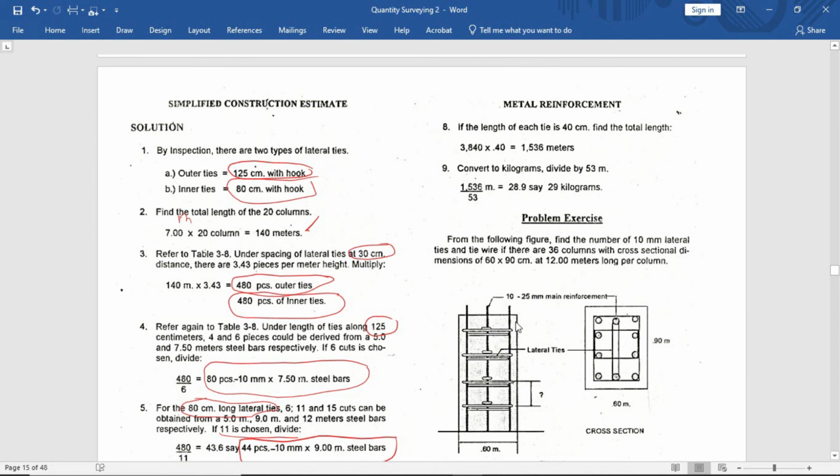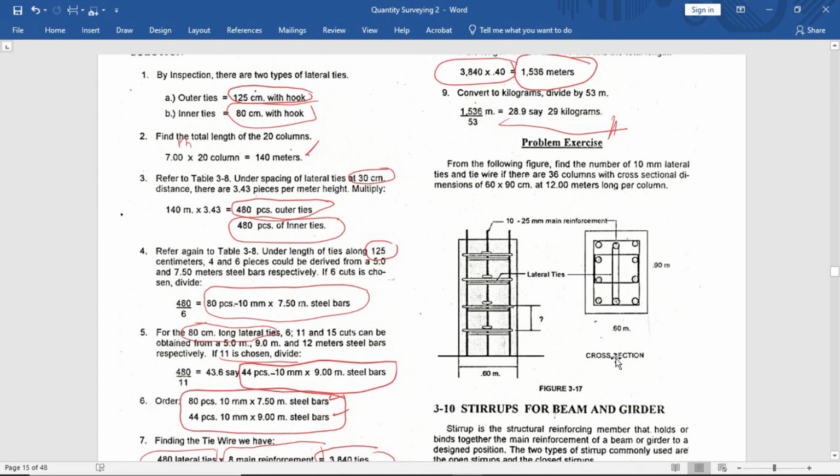After that, 40 centimeters ulit yung gagamitin natin. 3,840 times 0.4 is 1,536 meters. Then, we convert the meters into kilograms. 1,536 meters divided by 53 is 28.9. Say, 29 kilograms. Yan yung para sa tying wire natin.